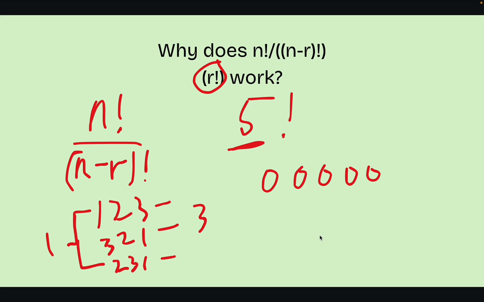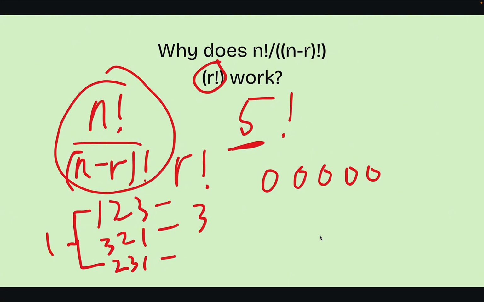And what we want to add to this equation is a way to get rid of all of the ways you can rearrange the set of objects that we're considering, r factorial. So all we really have to add to this expression is r factorial and divide by the number we end up getting from here so that we can get rid of all of the cases of rearranged objects.